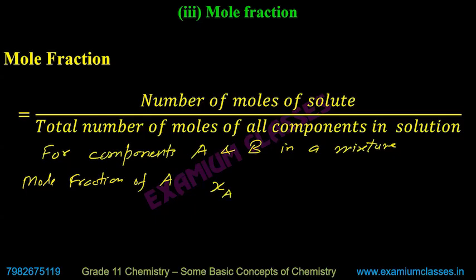Sometimes it is written in few books chi A also, because chi is also a similar Greek sign, not same but similar. XA will be number of moles of A divided by total moles, means number of moles of A plus number of moles of B.